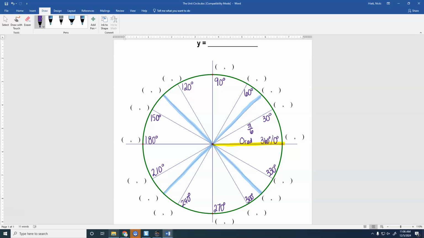So this would be 2 pi over 6, 3 pi over 6, 4 pi over 6, 5 pi over 6, 6 pi over 6, 7 pi over 6, 8 pi over 6, 9 pi over 6, 10 pi over 6, and 11 pi over 6.